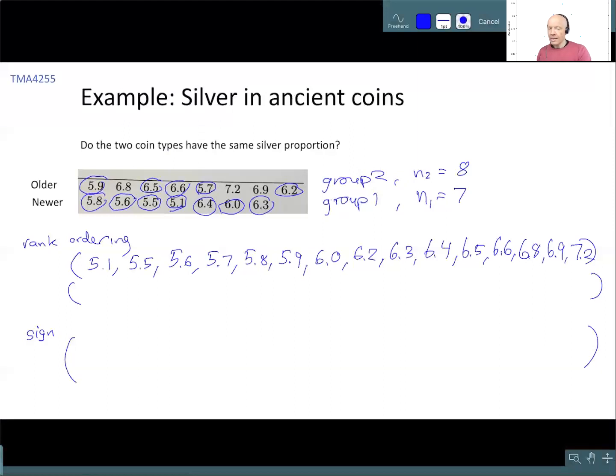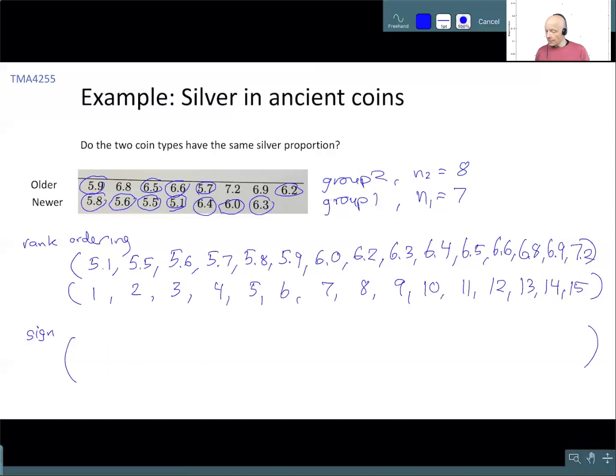Those are the 15 samples, and they get ranks 1, 2, 3, 4, 5, 6, 7, 8, 9, 10, 11, 12, 13, 14, 15. These are the ranks sorted from smallest to largest in the pooled sample.